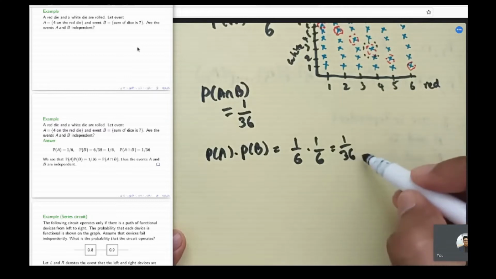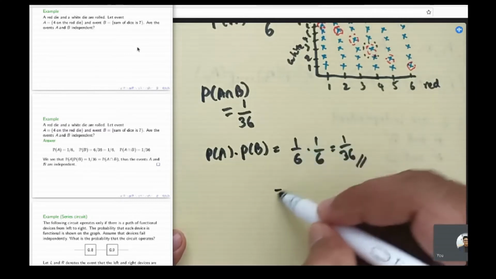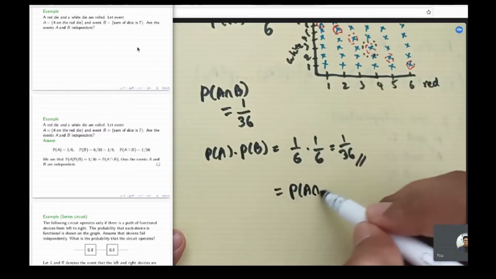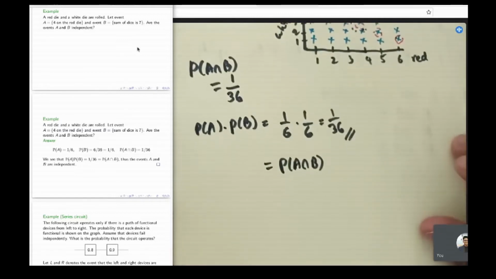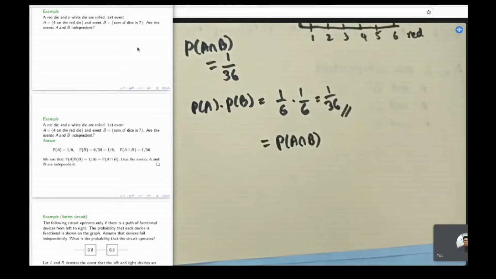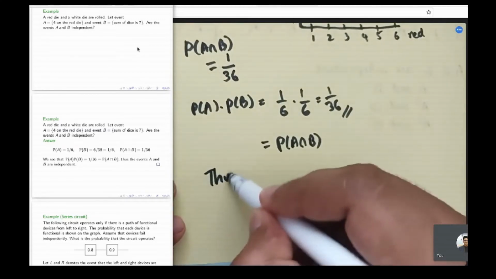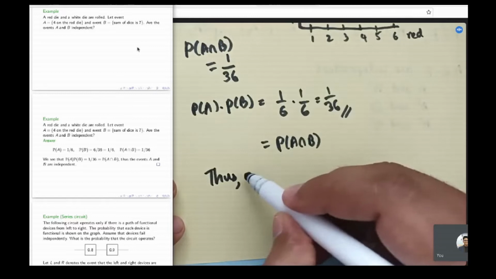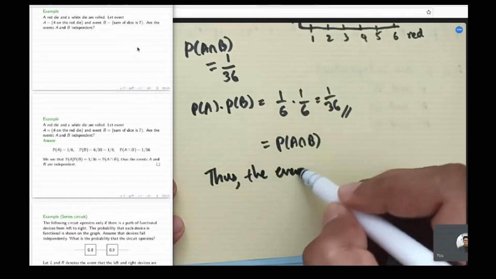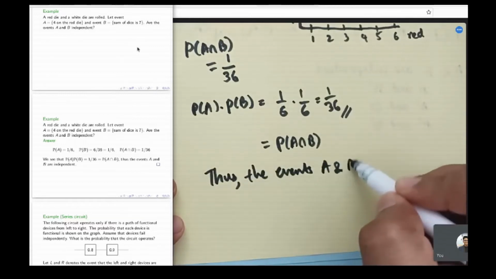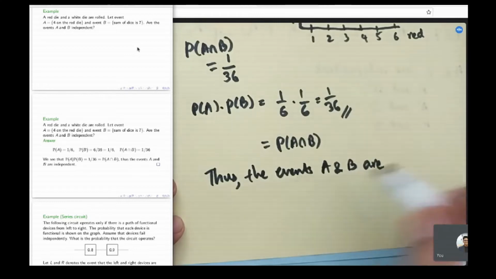So you get that this is equal to P of A intersection B, which is the condition for these two events to be independent. Therefore, you can say thus the events A and B are independent.